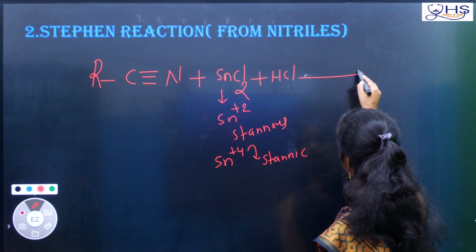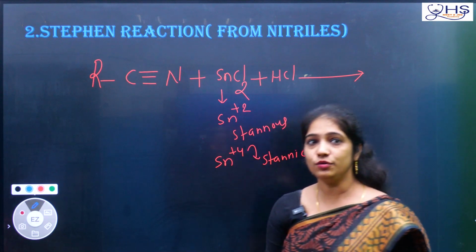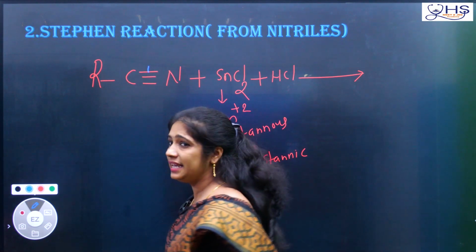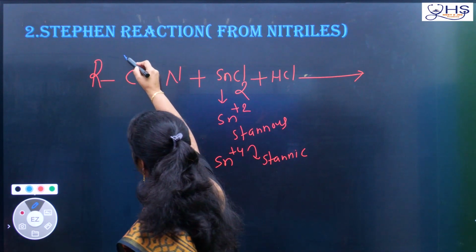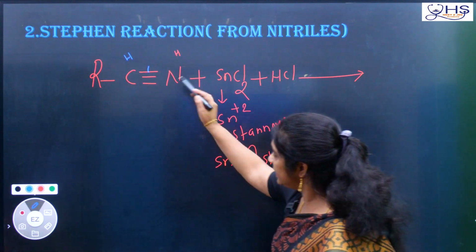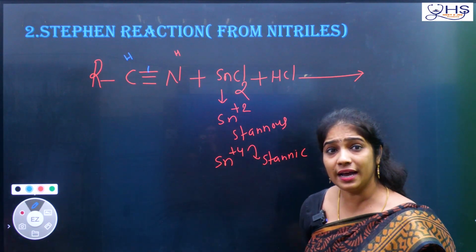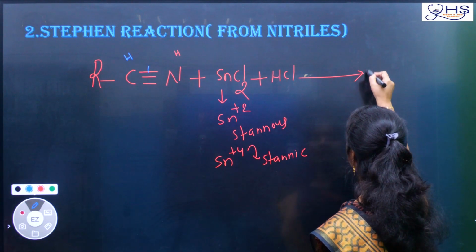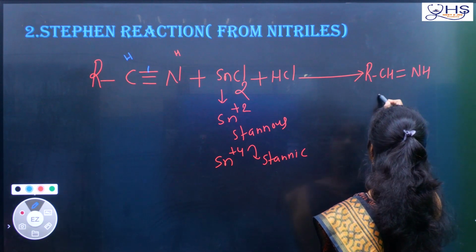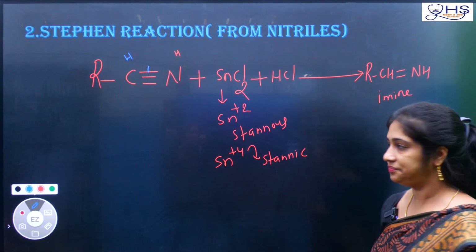So first, here in nitrile we have C triple bond N. What we will do, break the first pi bond, give one hydrogen to this carbon and one hydrogen to the nitrogen. Break one pi bond only. What we will get? RCH double bond NH. This compound is known as imine.